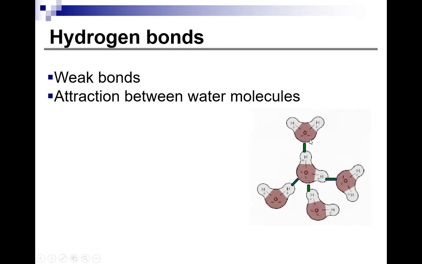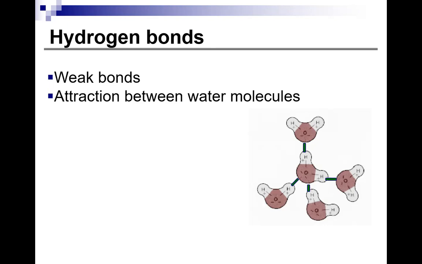Because this is negative and this is positive, this green line represents the hydrogen bond. It's basically the attraction of this hydrogen to that oxygen in these already made water molecules. It's considered a weak bond because it doesn't hold molecules together, but it's an attraction of molecules.